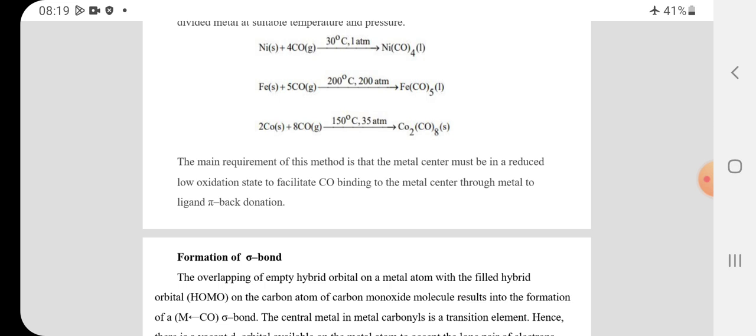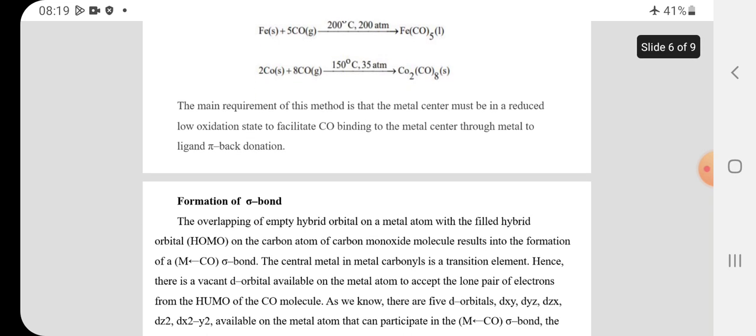In another reaction, 2 moles of cobalt metal react with 8 moles of carbon monoxide at 150 degrees Celsius and 35 atmosphere pressure, forming the binuclear octacarbonyl dicobalt complex. The main requirement of this method is that the metal centers must be in a low oxidation state to facilitate carbon monoxide binding to the metal center through metal to ligand pi-back donation.